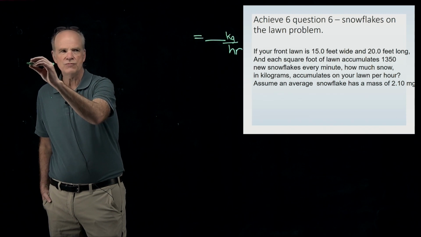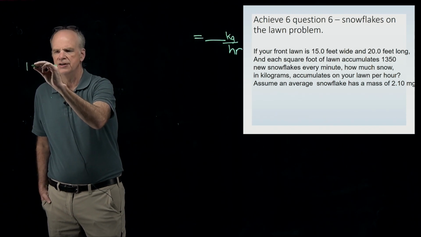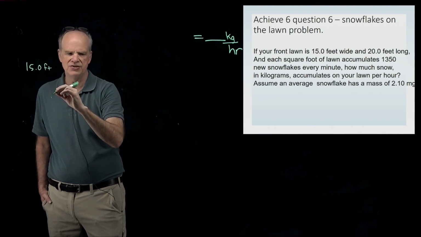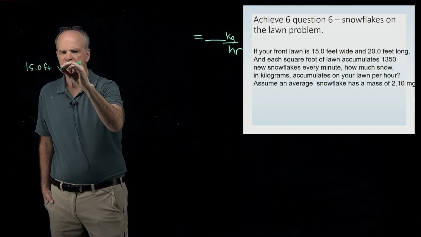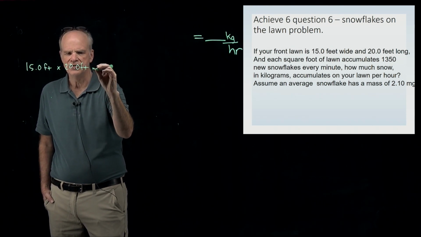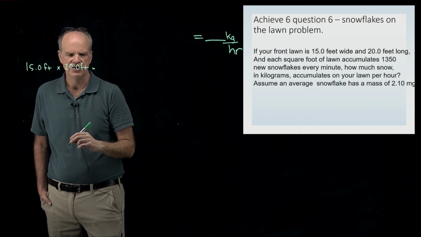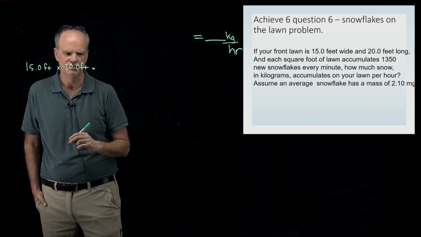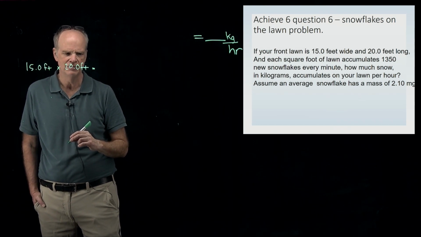So one thing I see here is that we have dimensions of the lawn. It's 15 feet wide by 20 feet long. Okay, so I'll talk a little bit more about that in a second. And then we're given a rate at which the snow accumulates per snowflake per minute.